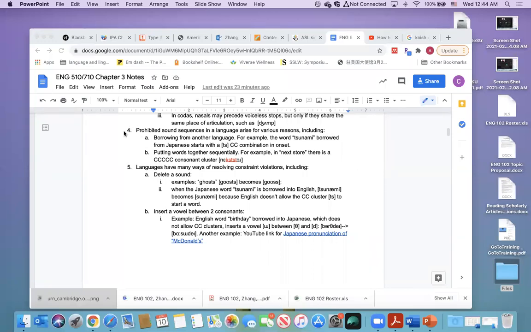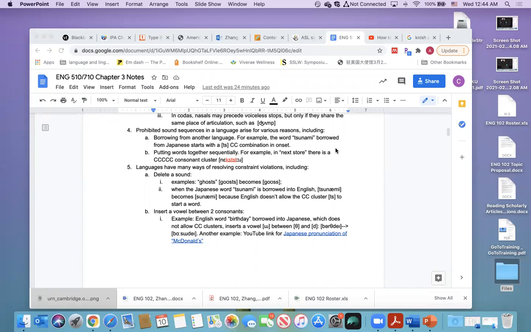Now at this point, number 4. Sometimes you do see that a sound sequence is prohibited in a language. However, it still occurs in some of the words or some of the speaking. For example, if a word is borrowed from another language, then in the original language, if that's possible, then it's also possible that it would occur in the borrowed language.